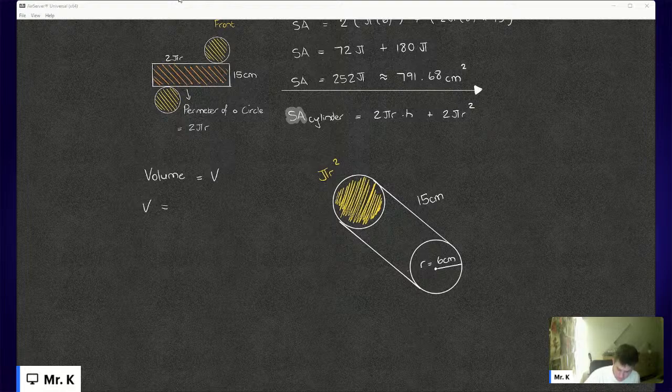So, again, you can choose to think about this logically or practice with the formulae for now, but the volume of a cylinder is going to be equal to pi r squared, the area of the circle, times the height of the cylinder.